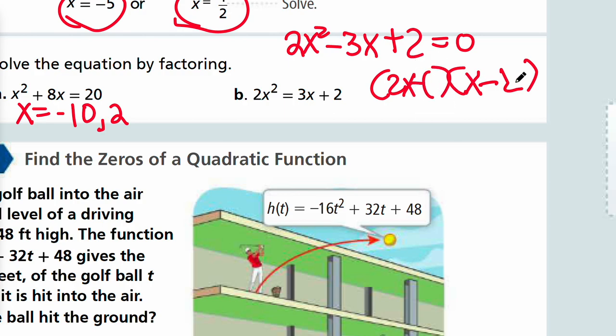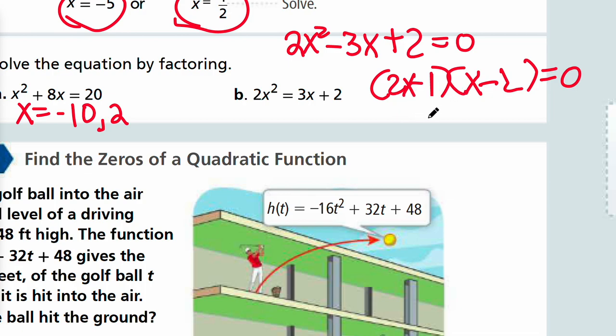So then it's going to add up to -3. There we go. So this one, we don't even need the grouping method. We're just going to figure it out by the factors.